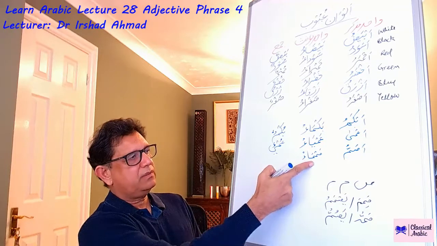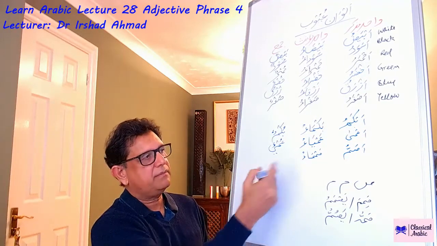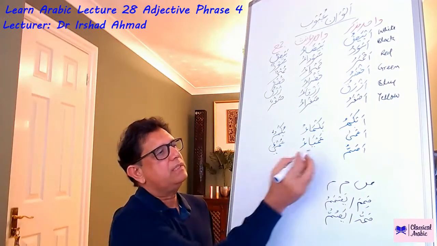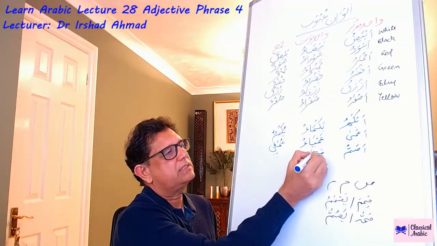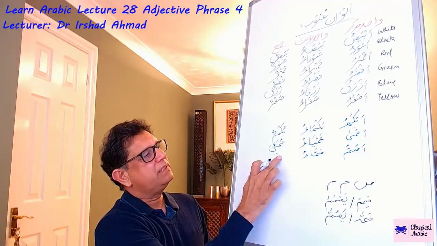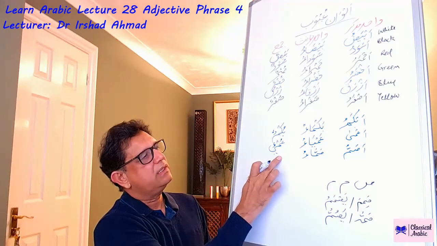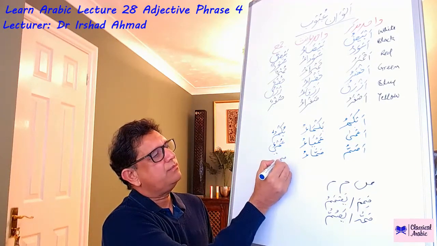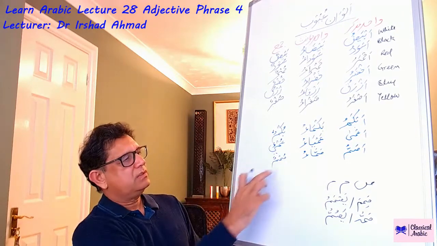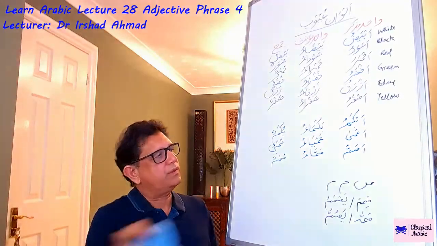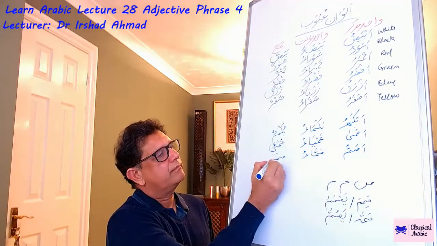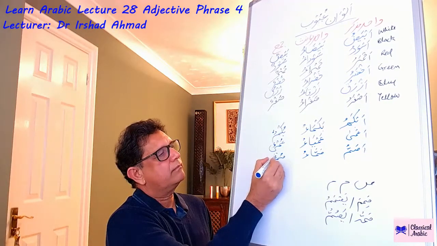The same thing here, two mims have to merge together. Asamm, samma'u. And if we put these on the pattern fu'lun, it will be summun. So these have to merge together, it will become summun.